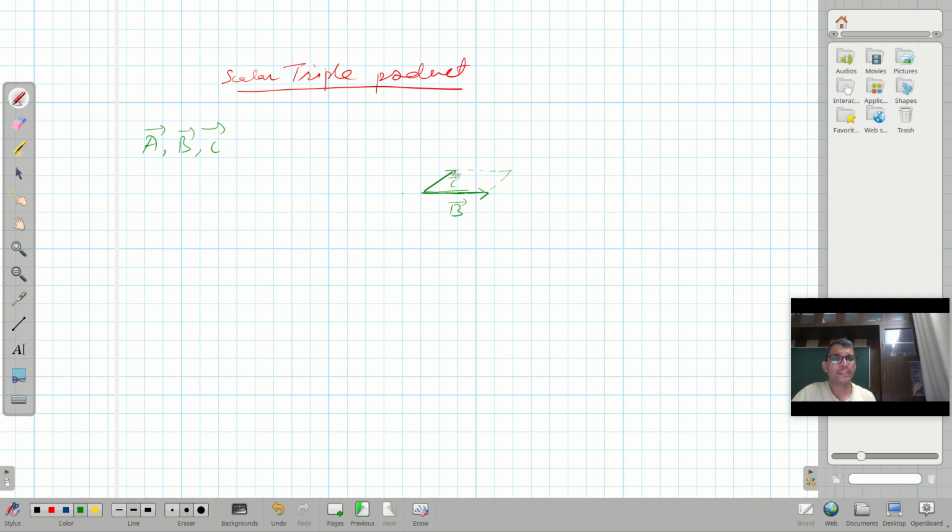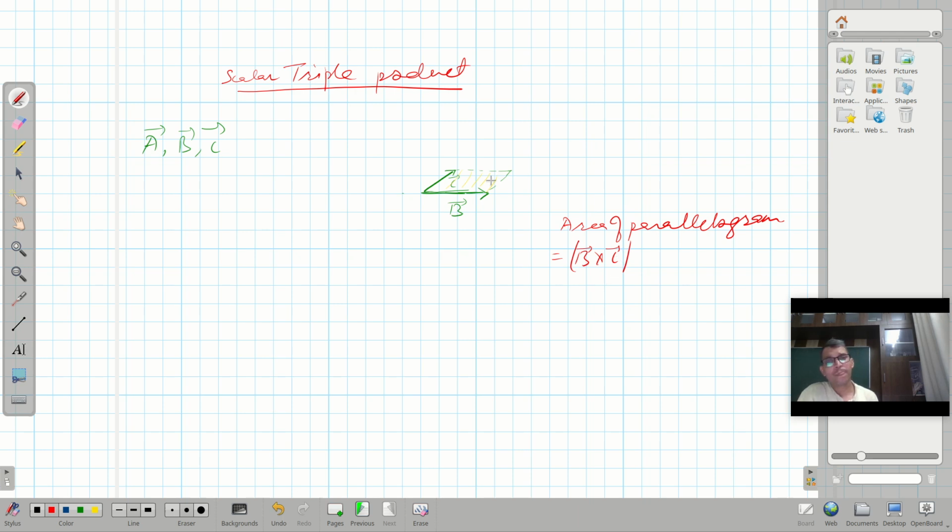The area of this parallelogram is given by the cross product B cross C.